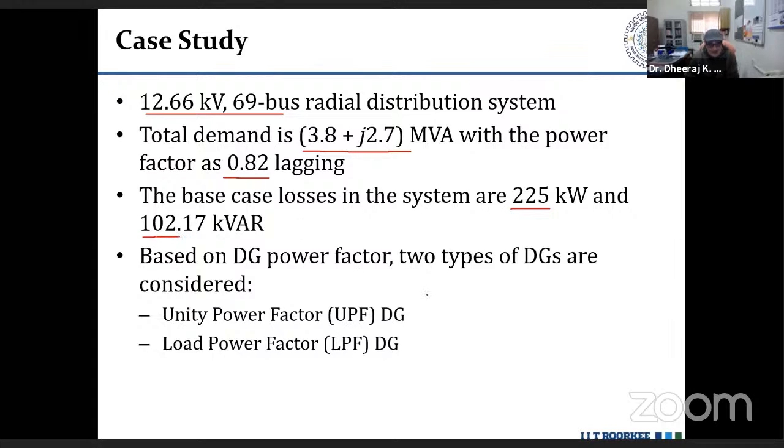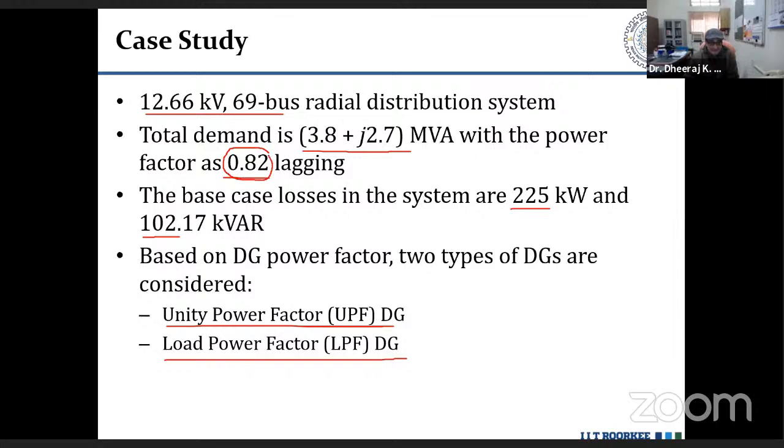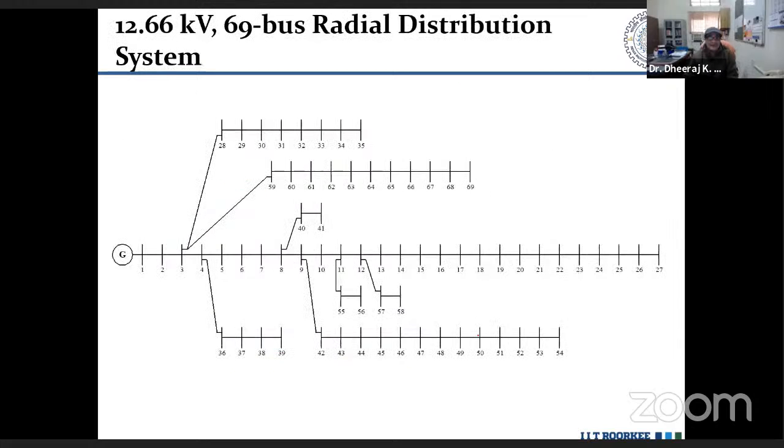And we have considered two different power factors of DG, one at unity power factor, another with DG operating at load power factor, that is 0.82. This is the single line diagram of the 69 bus radial distribution network.